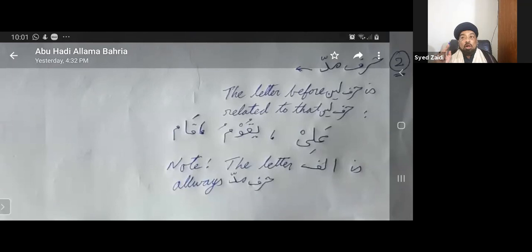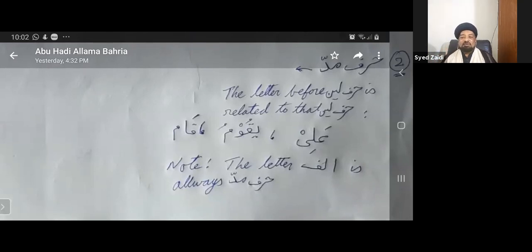That means every single time you find alif in a word, it is always silent, and the previous letter, whatever that might be, has to be fath, which makes it harf mad.